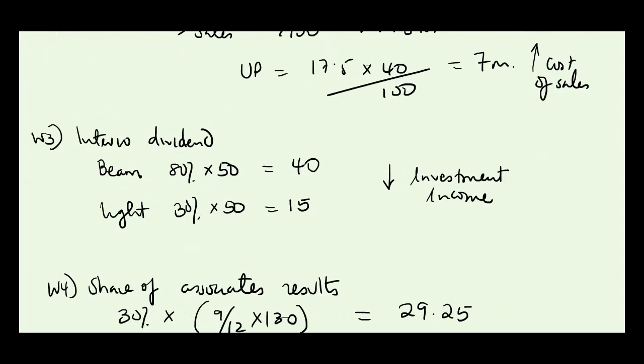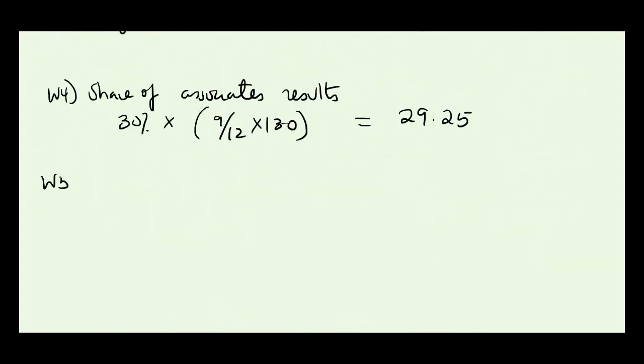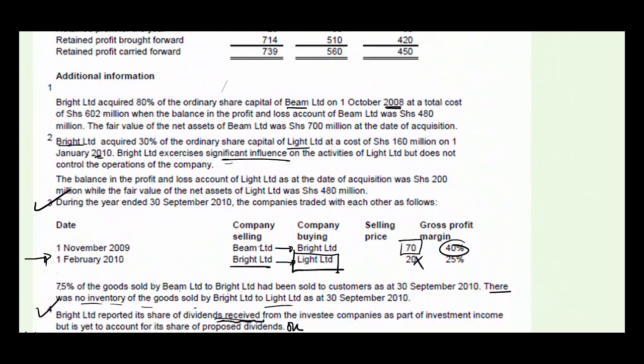But before we compute the goodwill impairment, we must first of all know what was the amount of the goodwill, isn't it? So what is the amount of the goodwill? Go through note 1. We acquired 80% of the share capital of BIM on 1st October 08 at a cost of 602 million. When the balance in the P&L was 80 million, the fair value of the net assets on that date was 700 million at the date of acquisition.